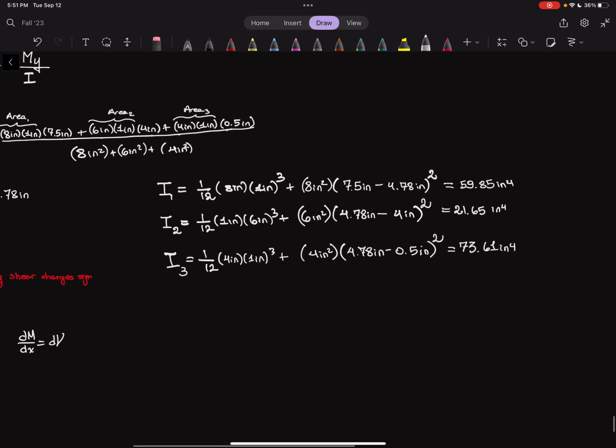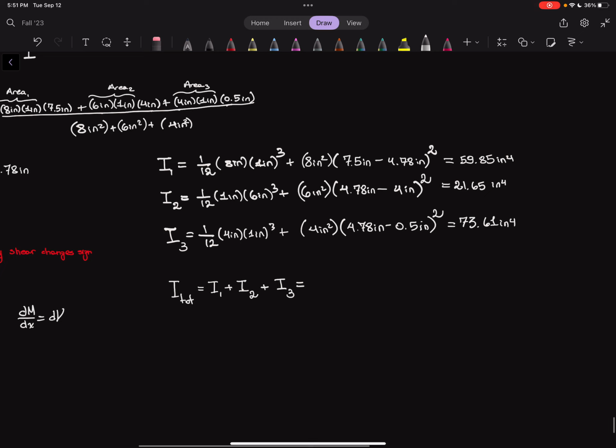Now the total I is going to be the sum of these, which we can add now because they are from the same reference axis. So it's going to be 59.85 inches to the fourth plus 21.65 inches to the fourth plus 73.61 inches to the fourth.